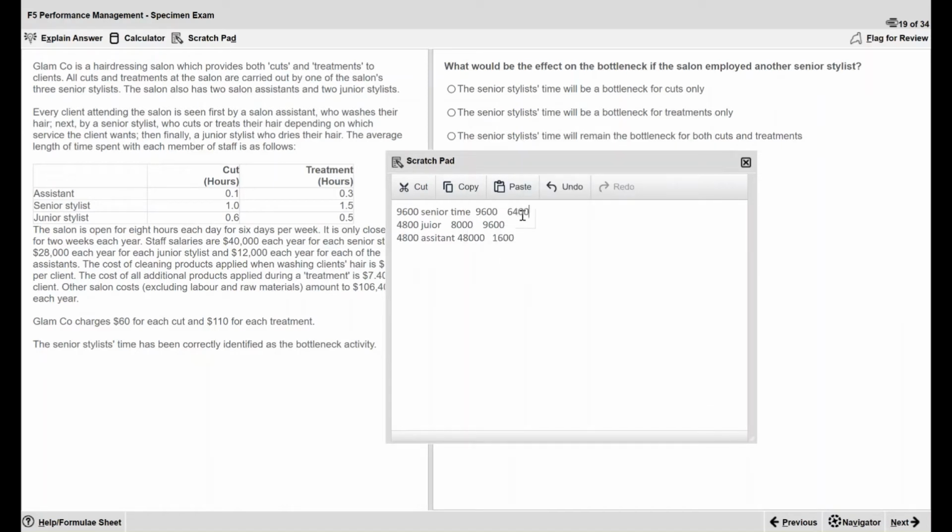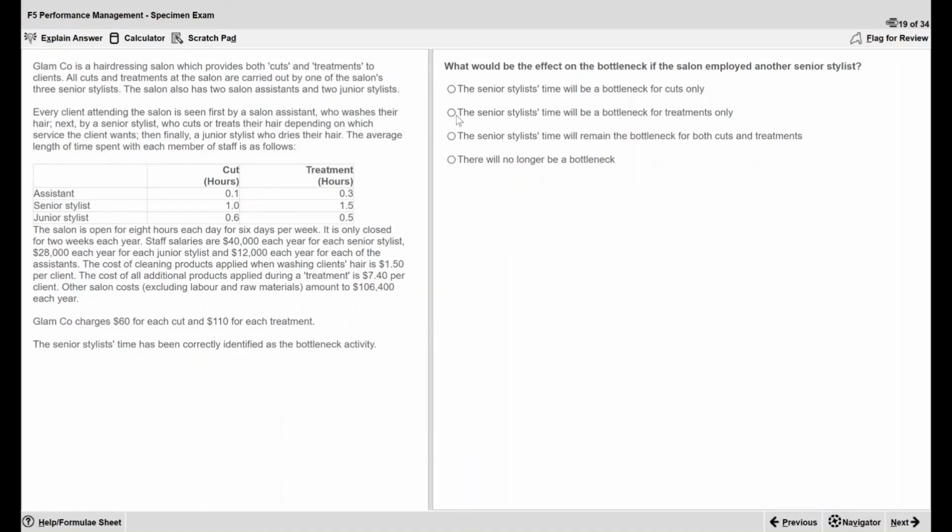It is still bottleneck activity in treatment. So it has gone out of the bottleneck activity for cuts, but it's still bottleneck activity for treatment. The senior stylist time will be bottleneck activity for cuts only? No, it's not for cuts. Senior stylist time will be bottleneck for treatments only, yeah.